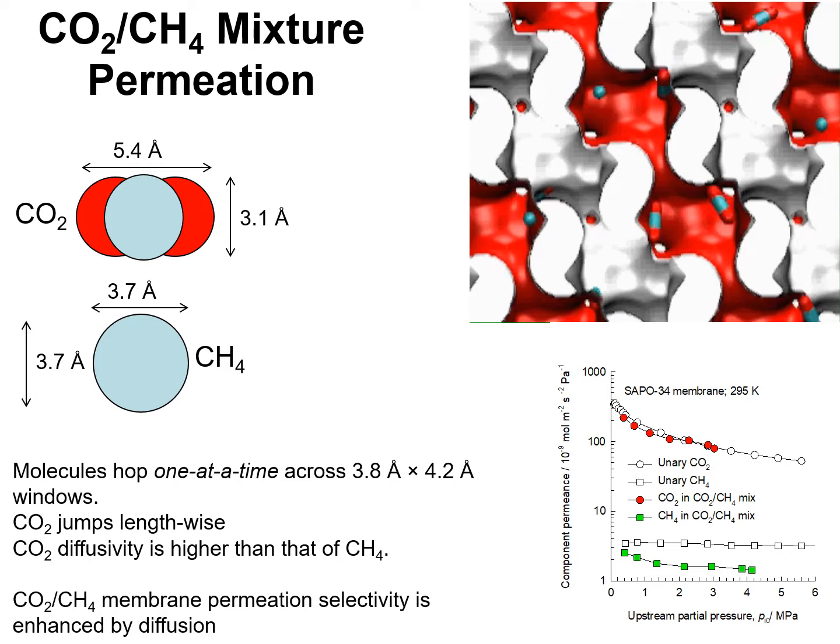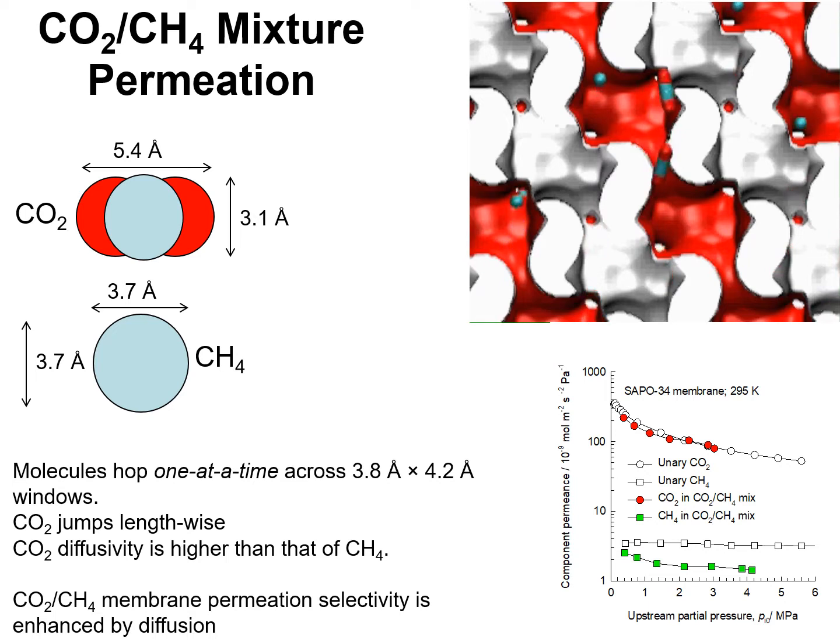Now CO2, because it possesses a quadrupole moment, also has a higher adsorption strength than methane. Both diffusion and adsorption favor the permeation of CO2 across a Chabasite membrane.